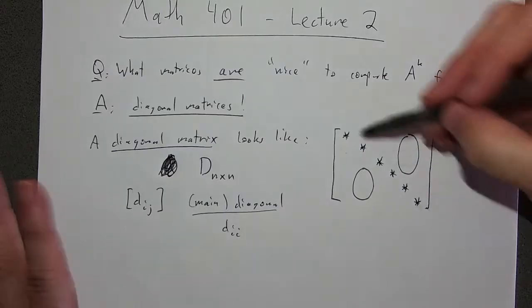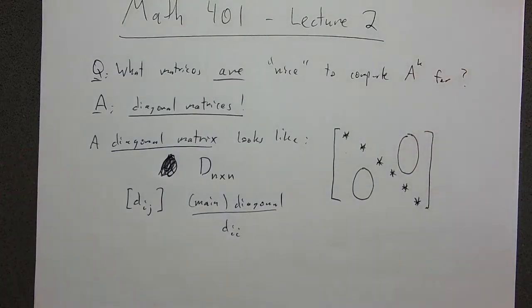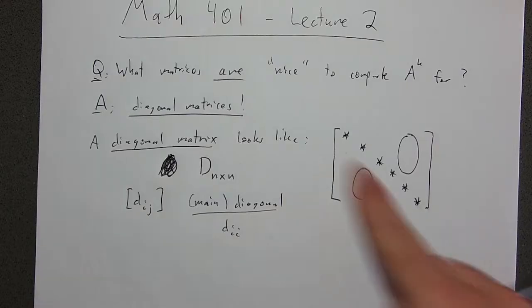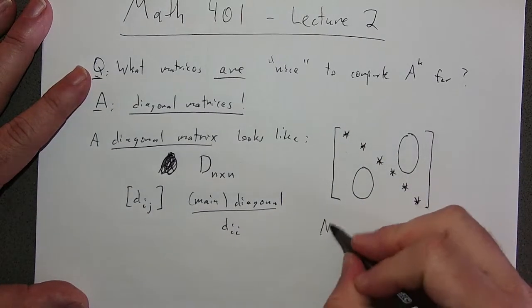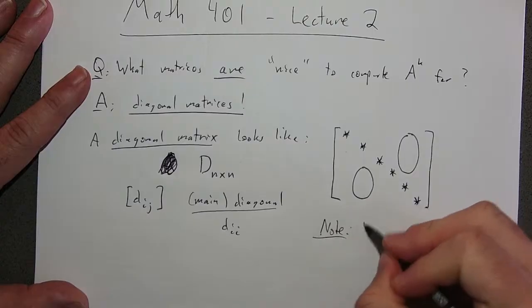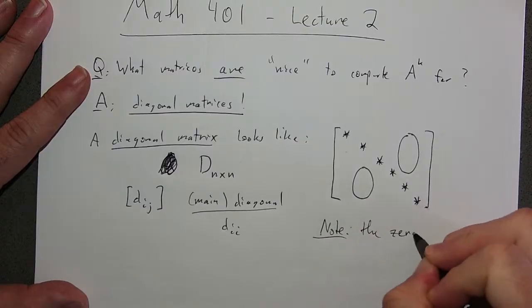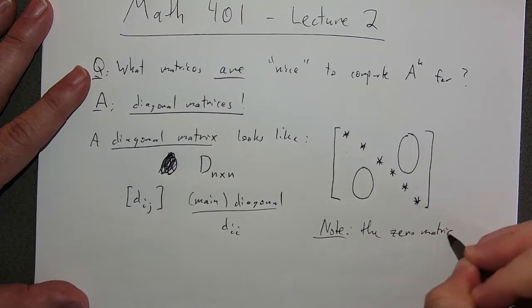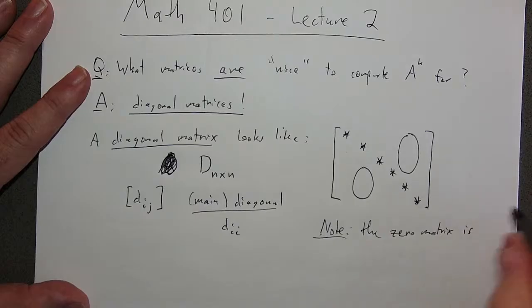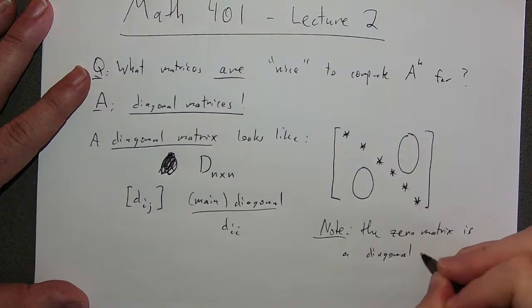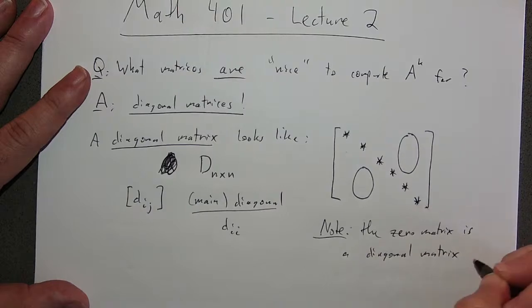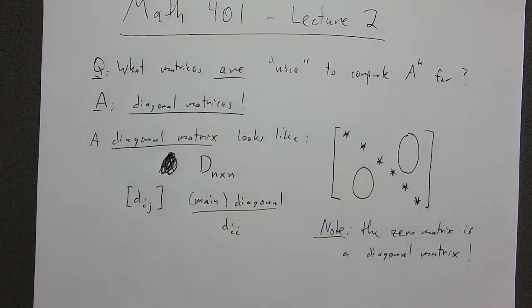So maybe all of these stars are non-zero, but some of them could be 0. In fact, all of them could be 0. So note, the 0 matrix is a diagonal matrix. That includes the case that all those diagonal entries are in fact 0.